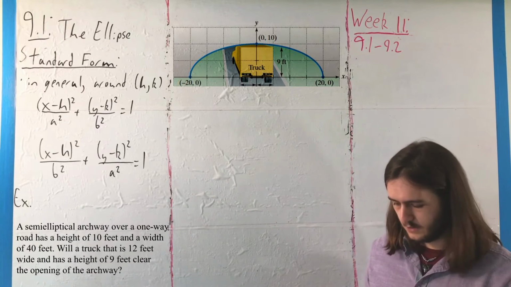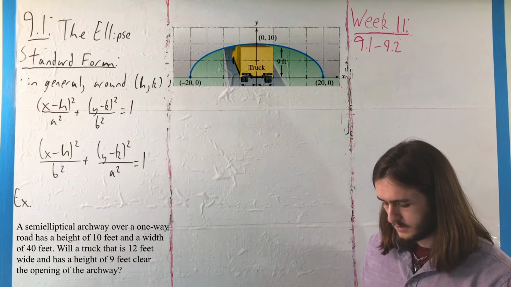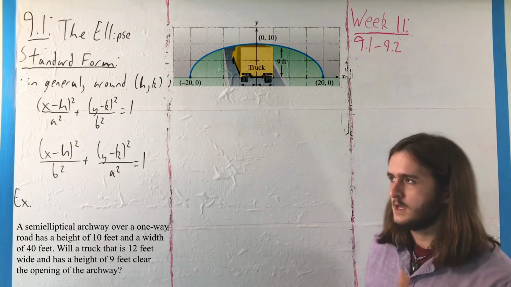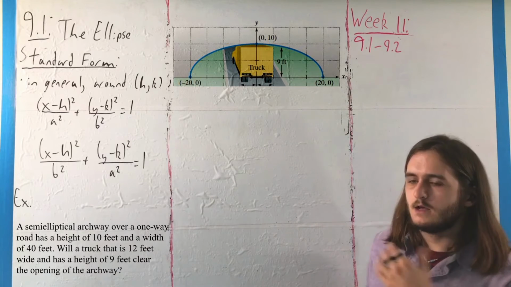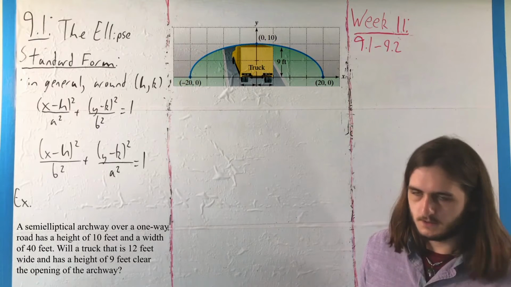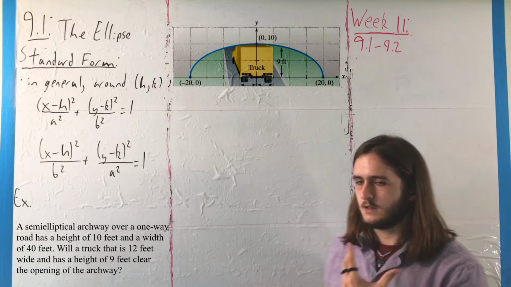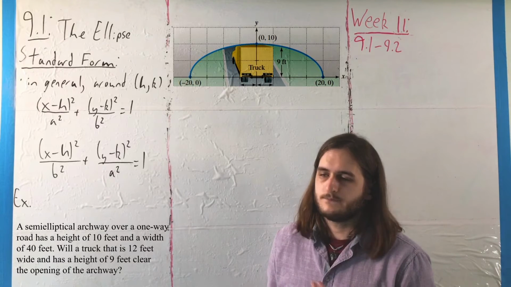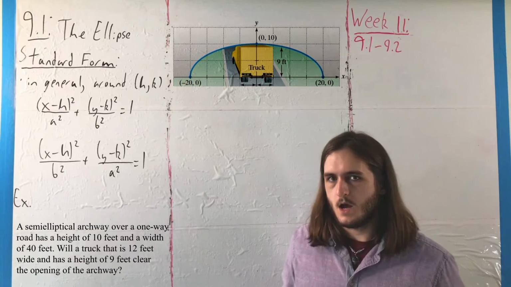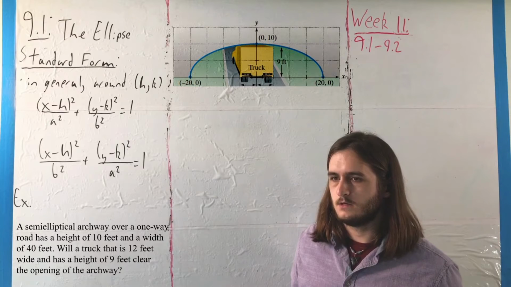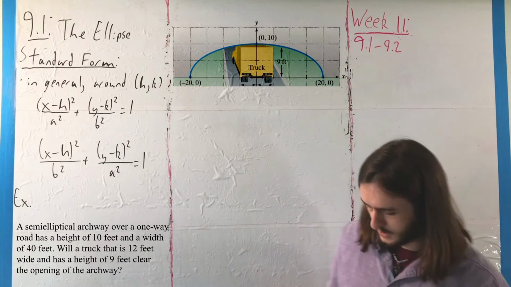It's going to take a little bit of cleverness, but what we can do here is imagine that semi-elliptical archway really as having the coordinates of an ellipse centered at the origin.